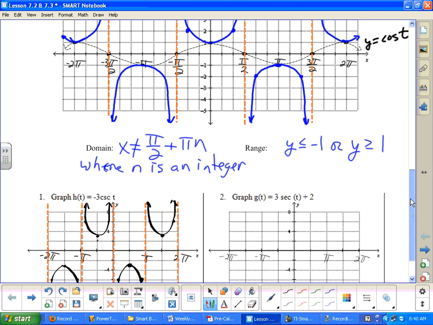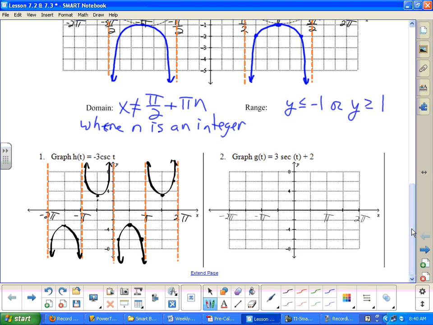No, it's not going to change asymptotes because I'm still going to have the reciprocal of cosine at each of those points. Because I'm not moving it horizontally, this is all vertical stuff, my asymptotes are going to stay in the same place, at all the pi over 2's.